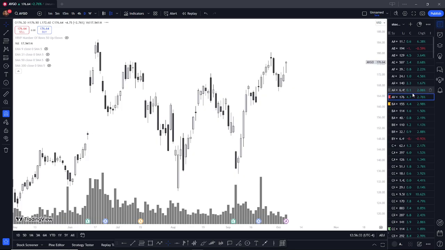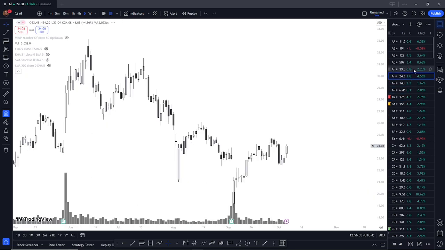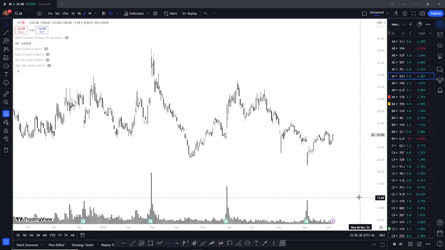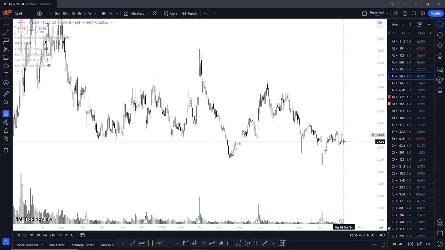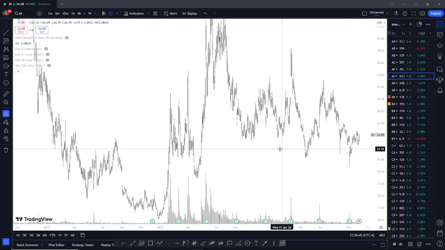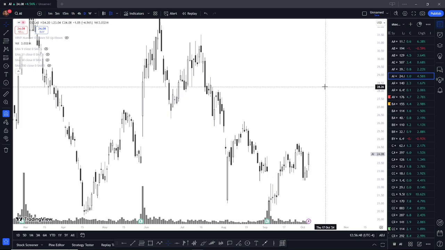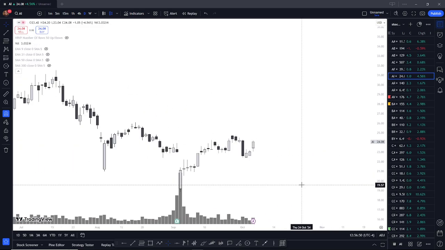We could go take a look at relative strength and just my little list that I have over here with some of these names. I feel like AI can do something big.